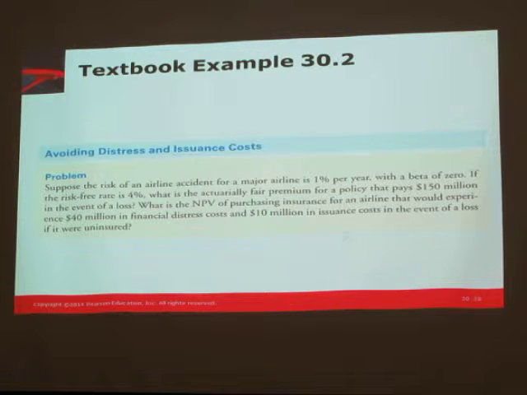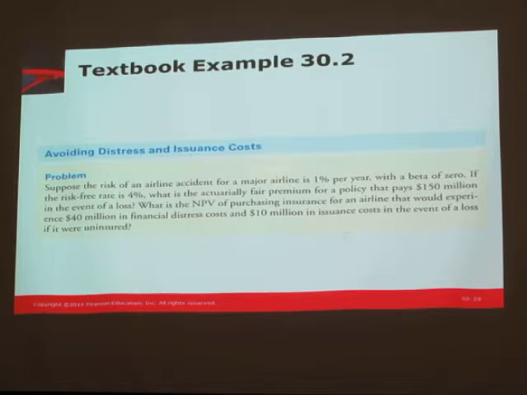So, suppose the risk of an airline accident, thank God I flew last week, is measured as 1% with a beta of 0. If the risk-free rate is 4%, so we have $150 million, right? The policy is going to pay me at a 4% risk-free rate. 150 times what? 1%, right?